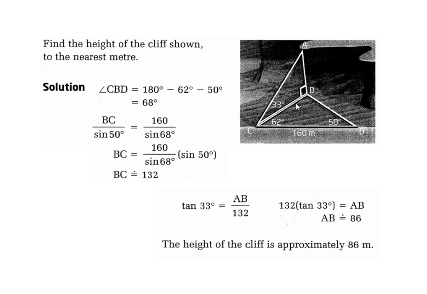Okay, let's find this length. BC over sine 50 is equal to 160 over sine 68, right? This is 68. So we write it down.